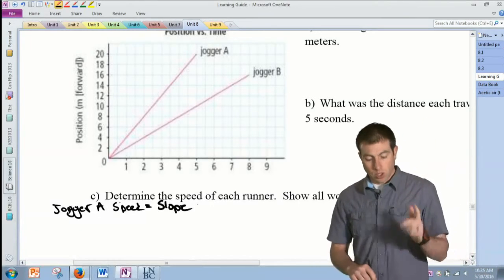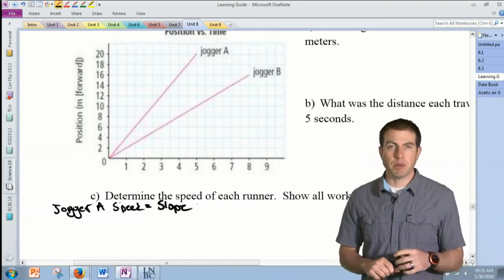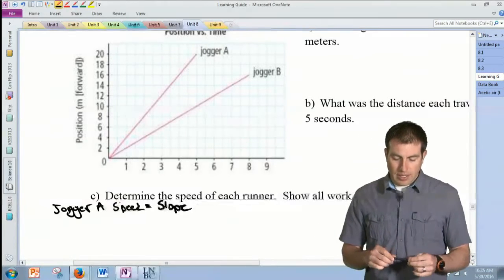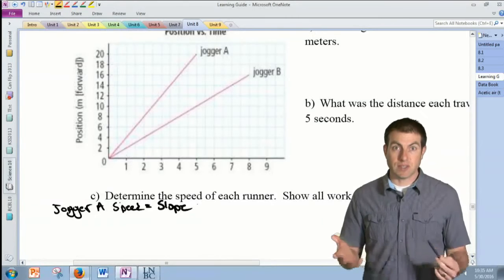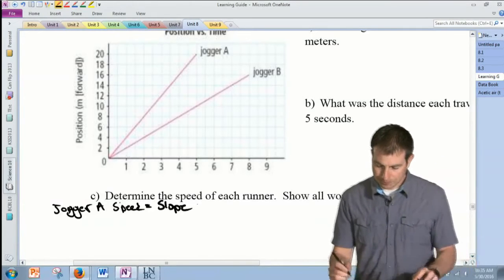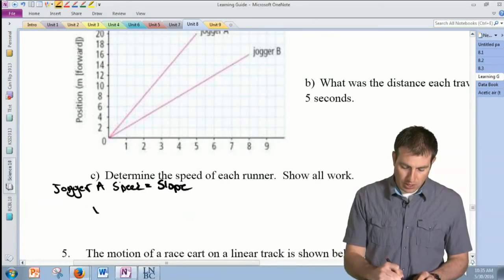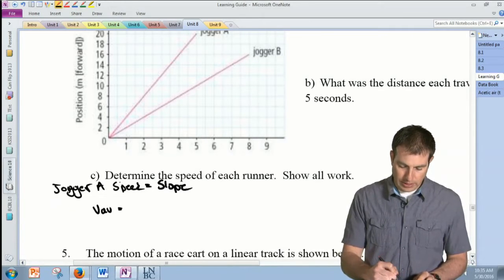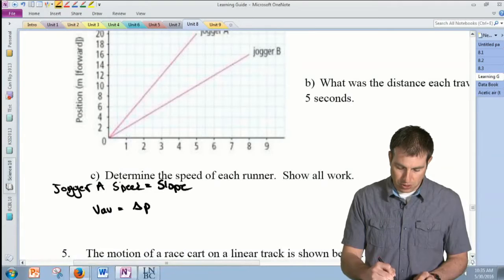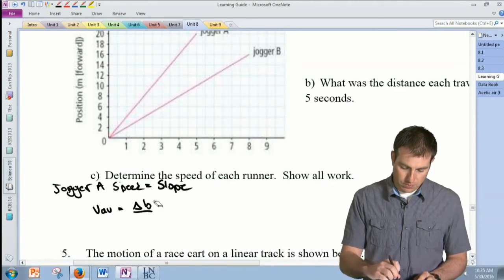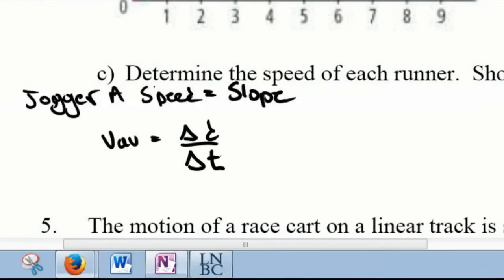Now, slope is just rise over run, and if you can remember that from math, then you'll be okay. If you want to think about it in terms of physics, or what we've been doing, you'd have something like this. Average velocity is the change in position over a change in time, which is just the same thing as delta y over delta x.